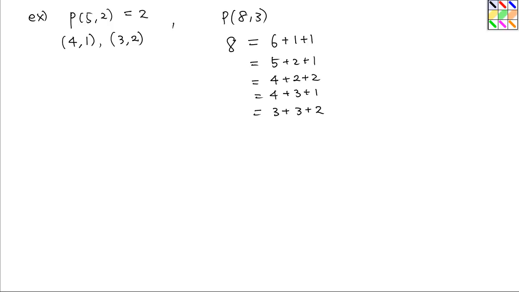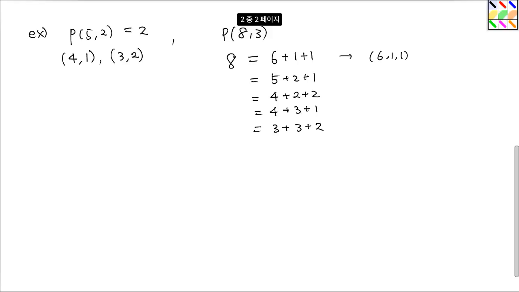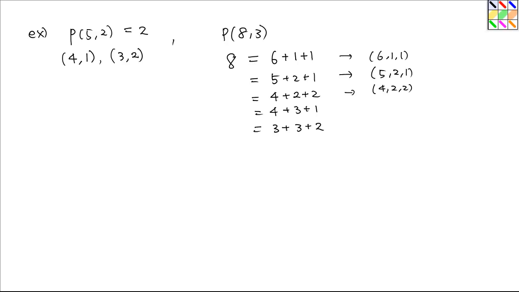So this will give us the partitions 6, 1, 1; 5, 2, 1; 4, 2, 2; 4, 3, 1; 3, 3, 2. These are all the partitions of 8 into 3 parts, so it's going to be 5.